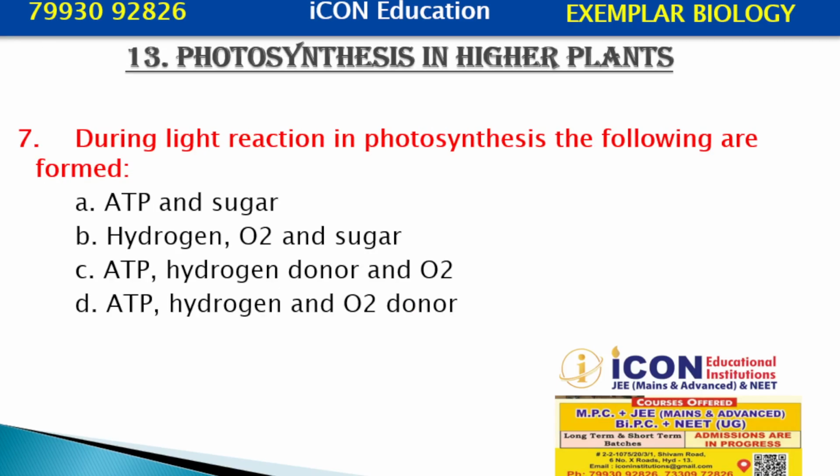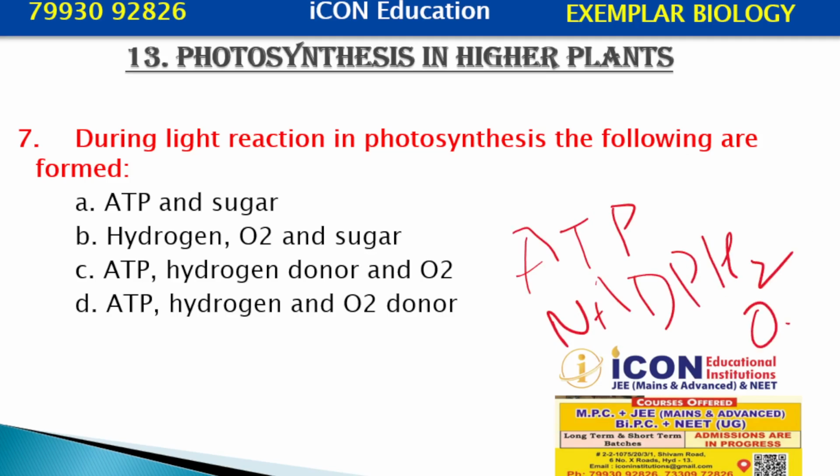Question number 7. During light reaction in photosynthesis, the following are formed. The same question can be asked as: the end products of light reaction are? The end products of light reaction are ATP, NADPH2 and oxygen.